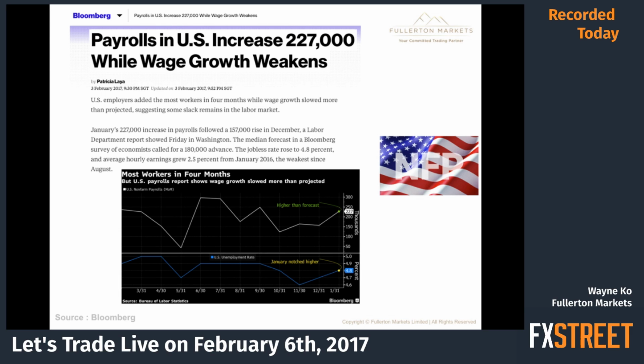But what is worrying is the wage growth. Wage growth only came in at 0.1% versus market consensus of 0.3%. So wage growth is slower than expected.